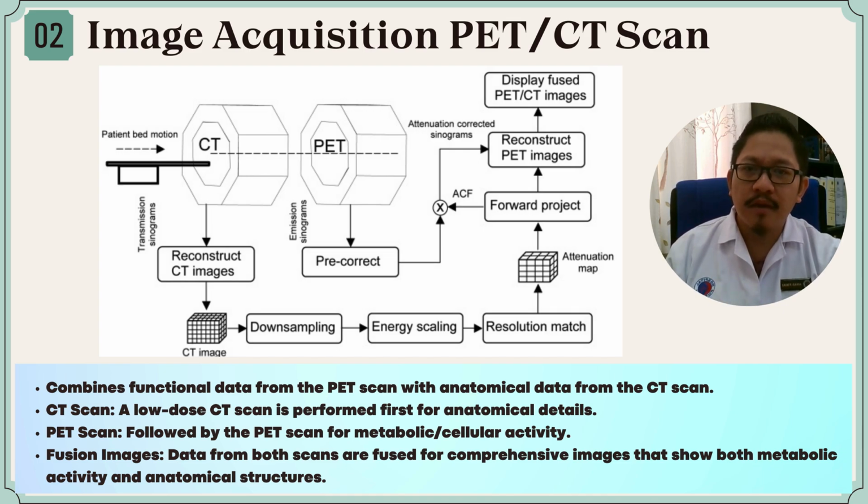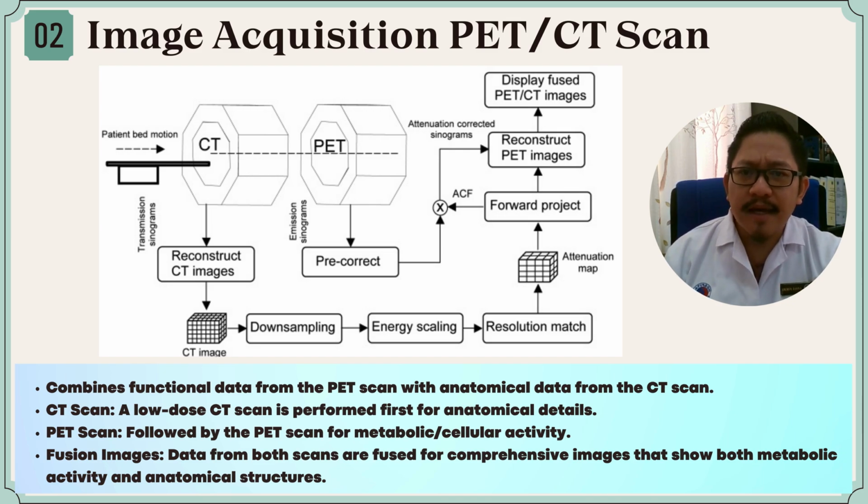First, a low dose CT scan is performed for anatomical details. Second, the PET scan is acquired for metabolic or cellular activity. Then the functional data from the PET scan is combined with the anatomical data from the CT scan, and the data from both scans are fused together for comprehensive images that show both metabolic activity and anatomical structures.